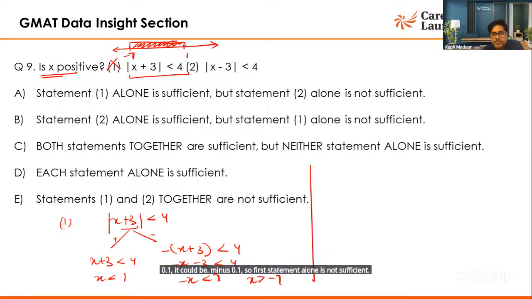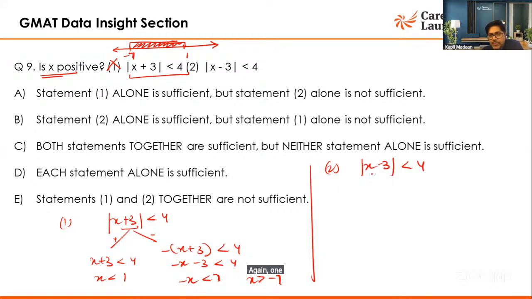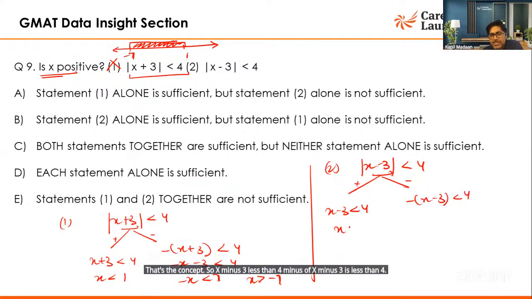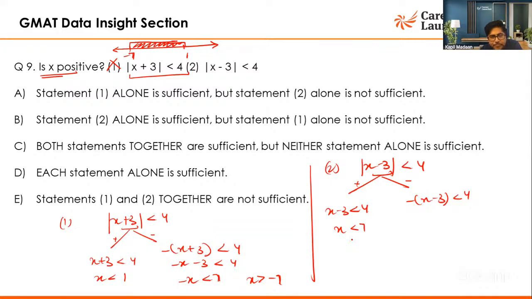What about second? Second gives mod of x minus 3 is less than 4. Again, one time positive and one time negative. That's the concept. So x minus 3 is less than 4, and minus of x minus 3 is less than 4. That means x is less than 7. And minus x minus 3 is less than 4, that means minus x is less than 7, and x is greater than minus 7.